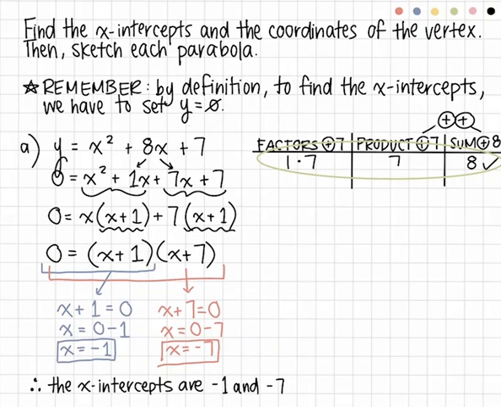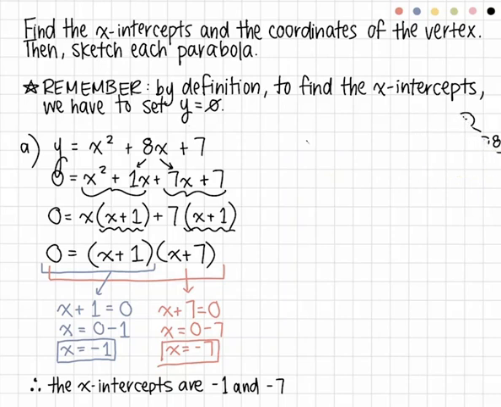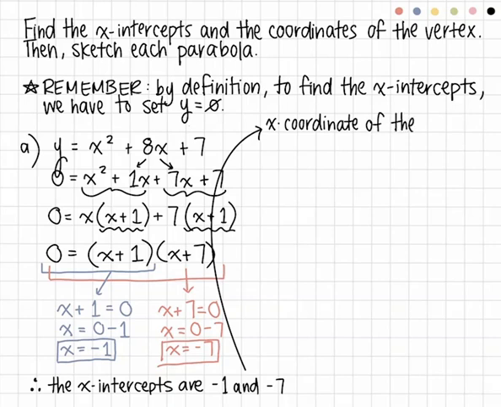I'm going to just erase this chart here because I'm going to need the space. Okay, there we go. So let's take this all the way up here. So I'm looking for the x-coordinates of the vertex.